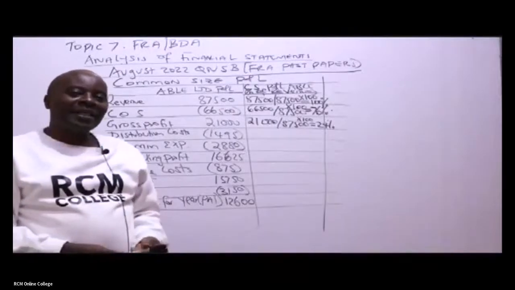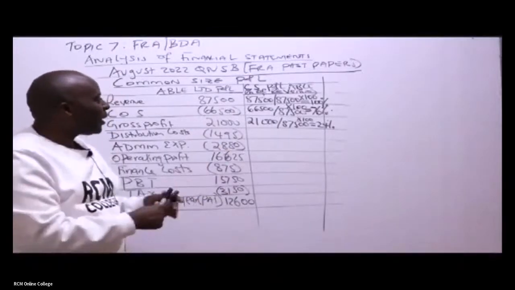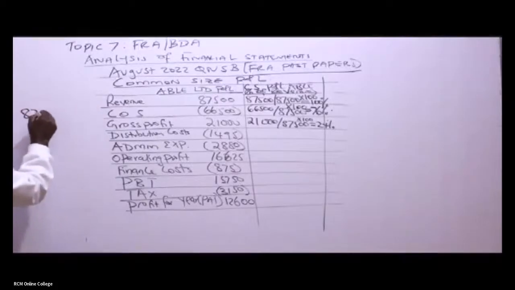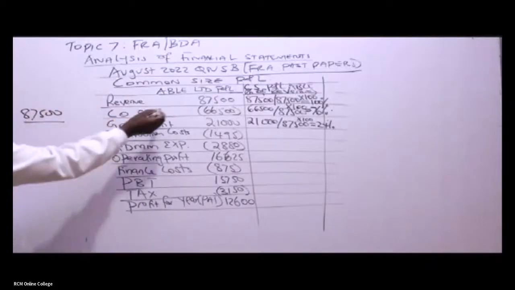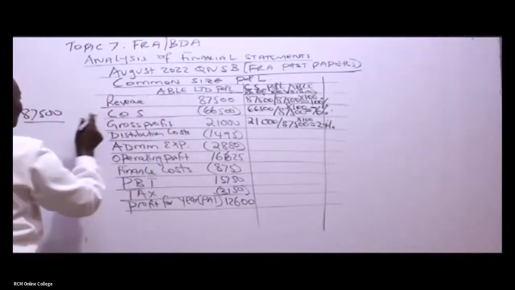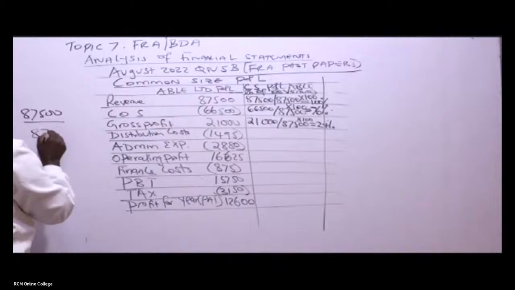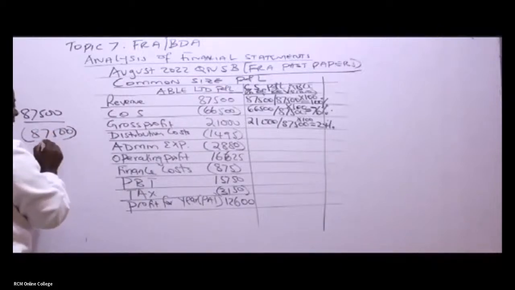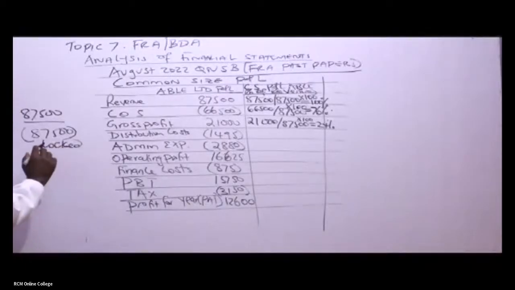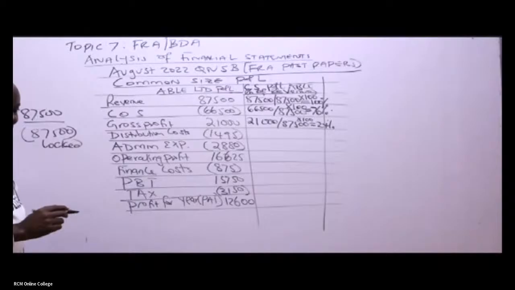What you'll do as a BDA student, you'll take the first one, 7,500, and divide by this 87,500 cell. But this number now has to be locked. It has to be dollarized.